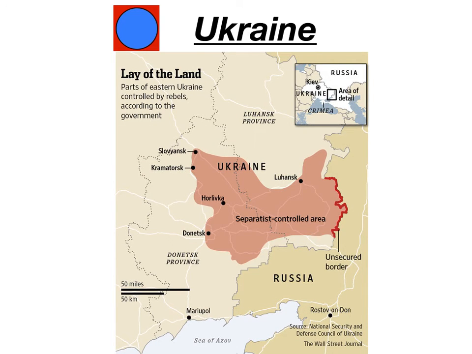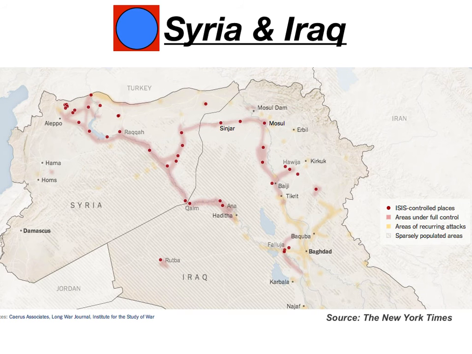Ukraine, so the entire eastern region of Ukraine is controlled by separatists. The government really doesn't have much claim there, so the separatists really control that region. So that's another disputed border area. Now, of course, we know Syria and Iraq have very porous borders and really do not have regional autonomy.